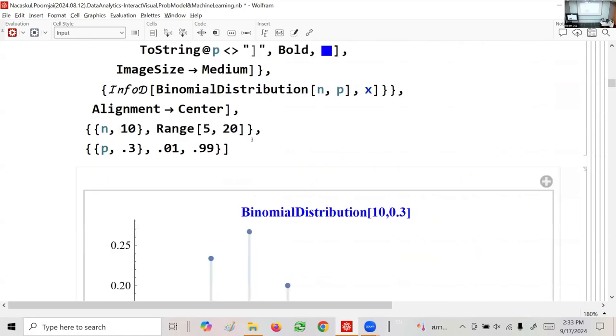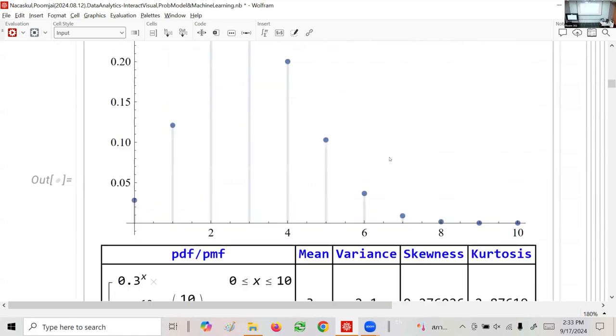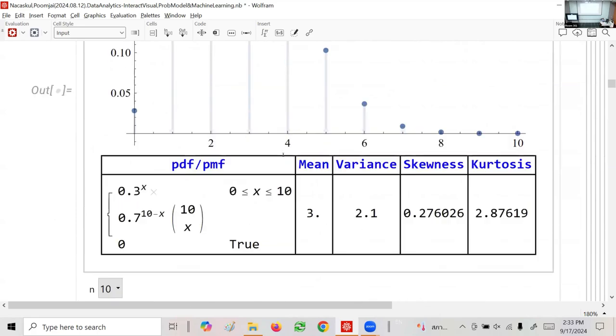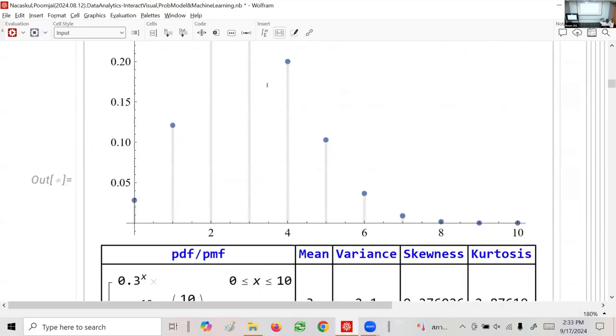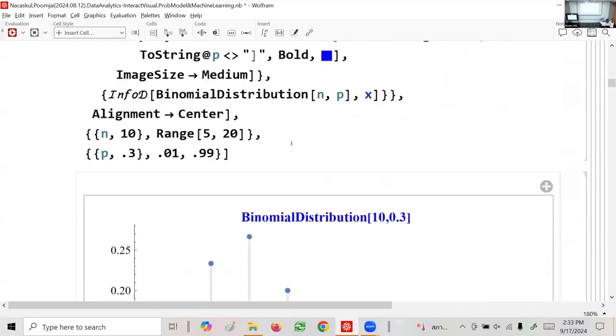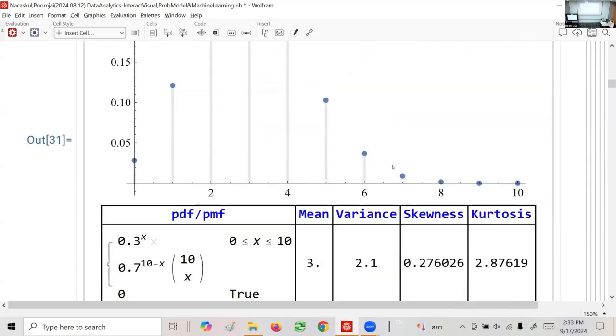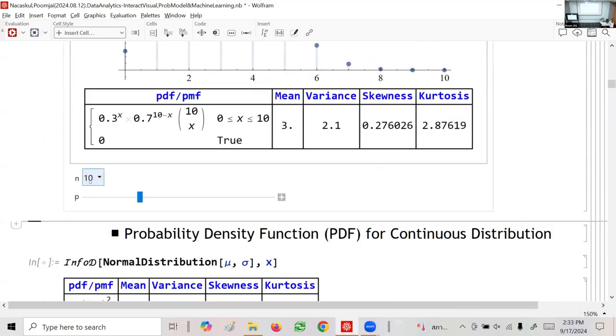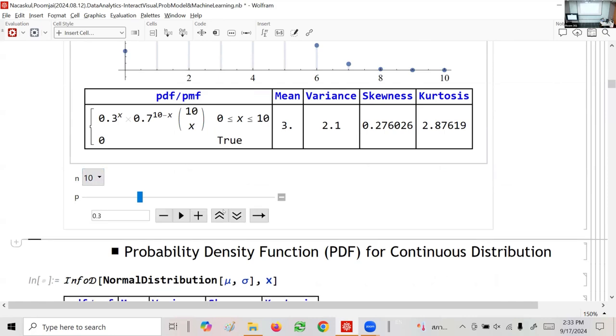Okay, so now this is what it looks like. Binomial distribution, right? See, if n is equal to 10 and p is equal to 0.3, what's the mean? 3. So this comes from the formula, right?